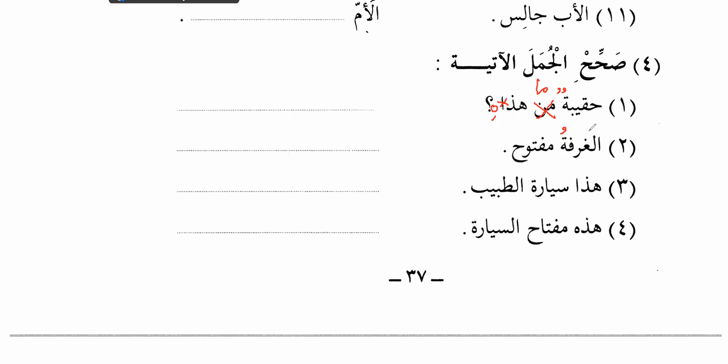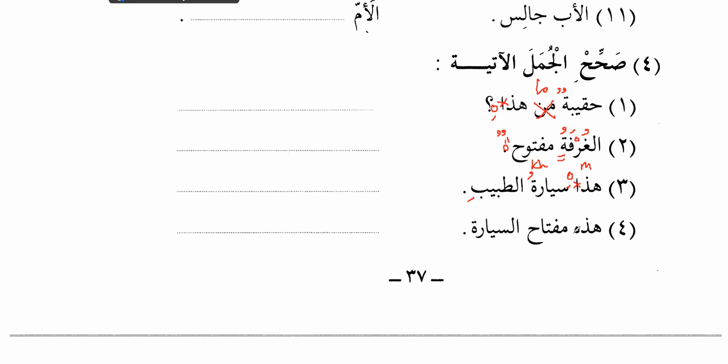الغرفة, put the harakas first. غرفة مفتوح, no, it's feminine and this is khabar. So, and yes, mubtada, anything that will come here will be same as mubtada gender. مفتوحة, okay, and this is khabar, that's why nakira. هذا سيارة الطبيب should be, no, it should be هذه سيارة الطبيب. هذه مفتاح السيارة.